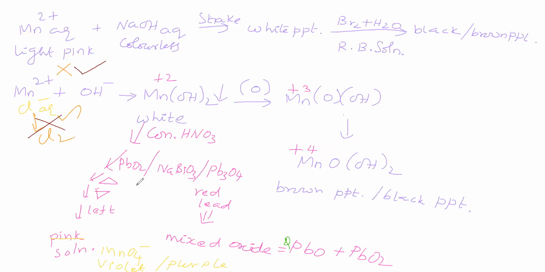Only Mn can undergo oxidation, so Mn+2 oxidizes to give permanganate, whereas Cl minus does not, because it is not present in this precipitate. Therefore we need not consider this step. Only Mn+2 can undergo oxidation, converting into permanganate. It is the test for Mn2+.